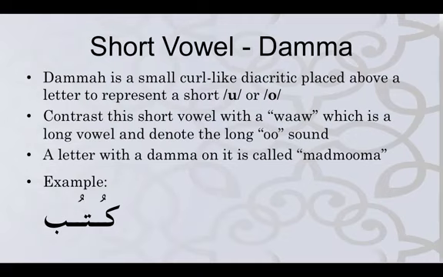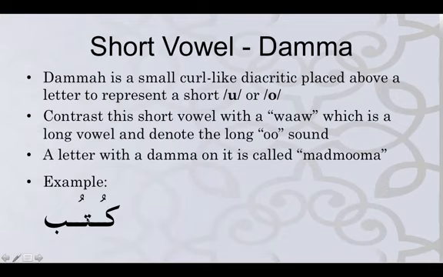In this example, the word is kutub. This is a kaf, and this is a ta, and this is a ba. The kaf has a Dhamma on it, and the ta has a Dhamma on it, but the ba does not. The ba has a sukoon on it, and we'll go into that diacritic later and what that means. I haven't written the sukoon here because I just wanted to give you an example of what the Dhamma looks like.